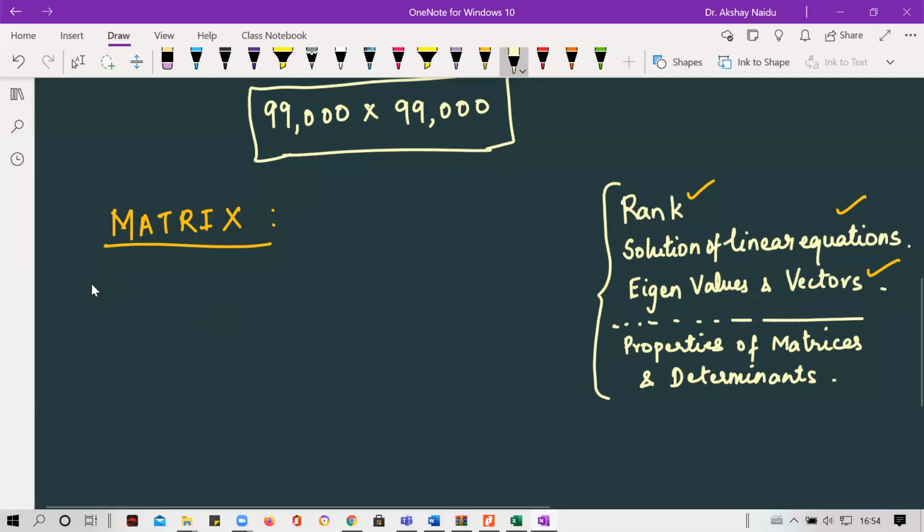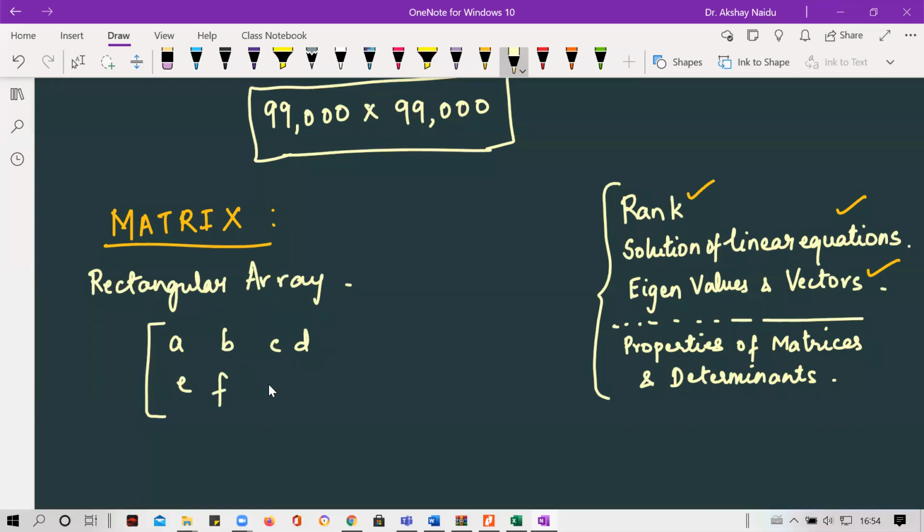So a matrix is a rectangular array of numbers following certain rules. It's a rectangular array of numbers. Yes, please participate.